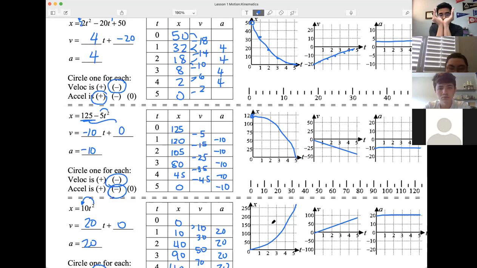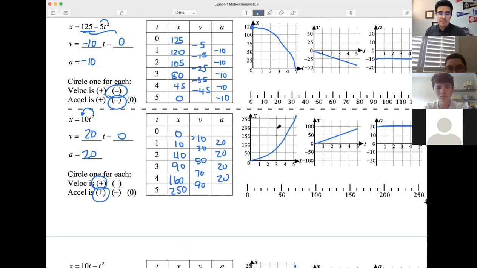These graphs are both called concave up. They're sloped in such a way that they would make a cup shape. Does that make sense? So when the acceleration is positive, your curve is either going to be shaped this way or this way. So we'll say the graphs are concave up.